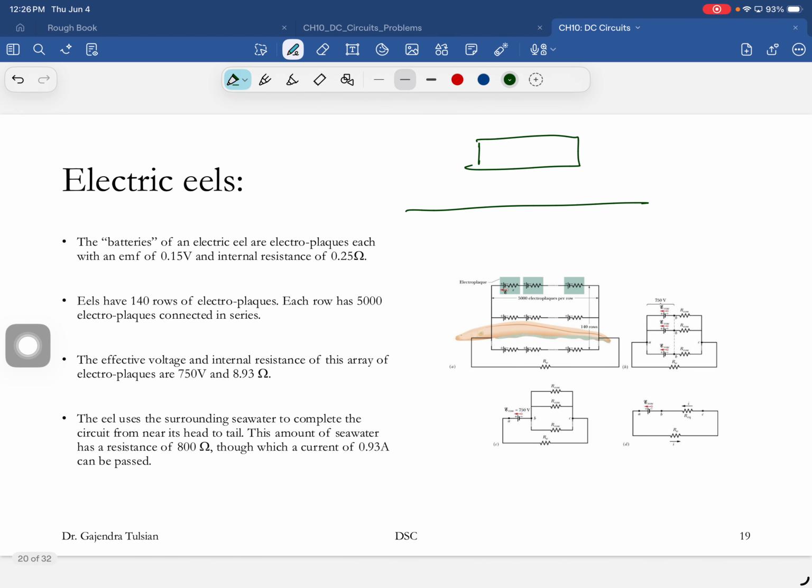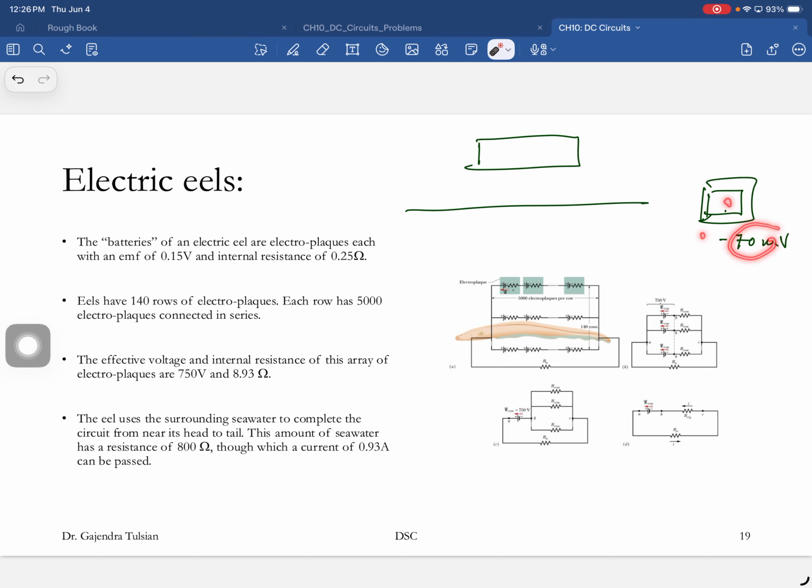All right, so here's the eel problem. In every cell, the potential difference between the inside and the outside is about 70 millivolts. So the inside of a cell is 70 millivolts below the outside.